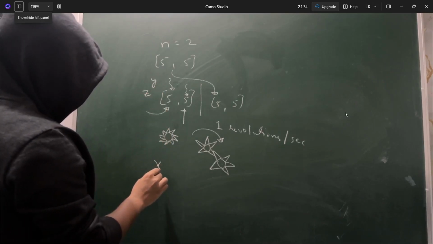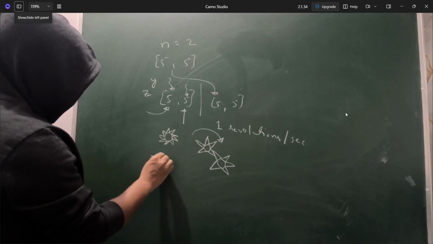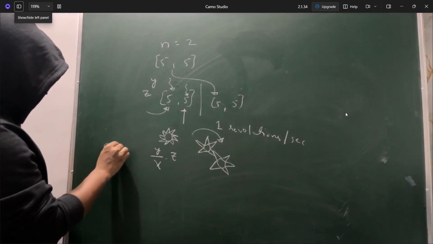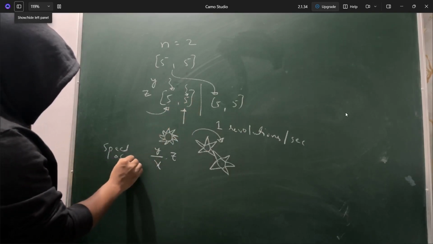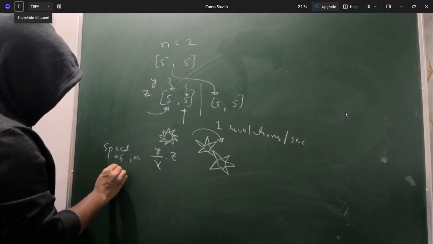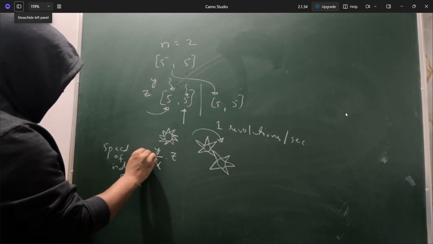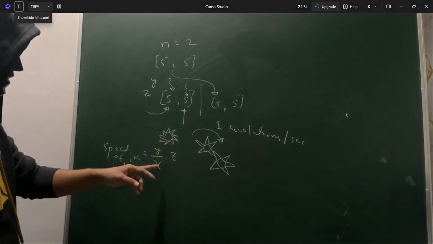So the speed of this ith index gear is given by y by x into z. Let's say you are standing at the ith index, and its speed will be given by y by x into z. What is x here?